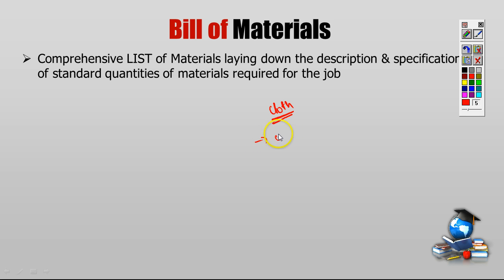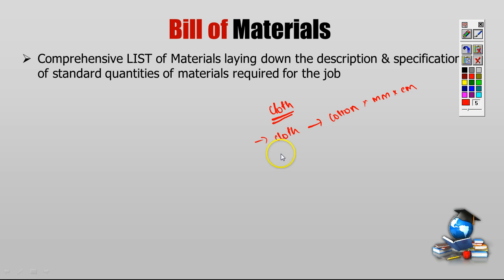Obviously cloth. Now cloth, what is the material product? Whether it is cotton material, and then in what millimeter, what centimeter it has to be issued for production.